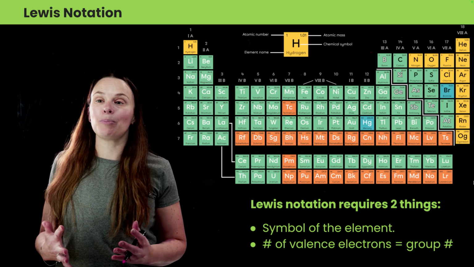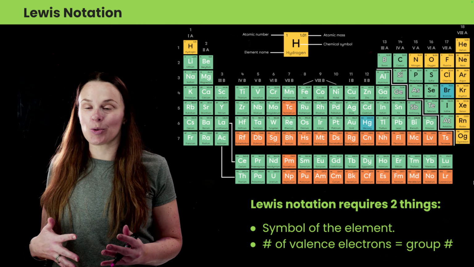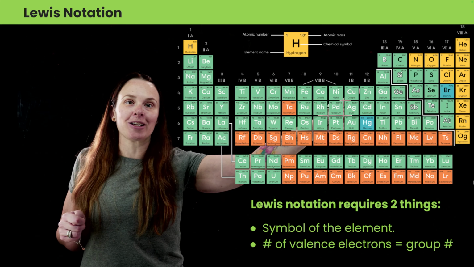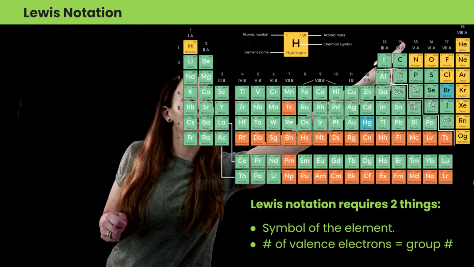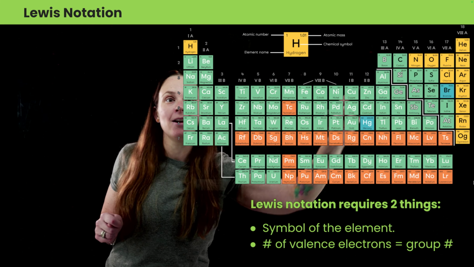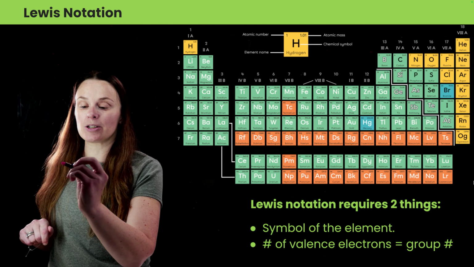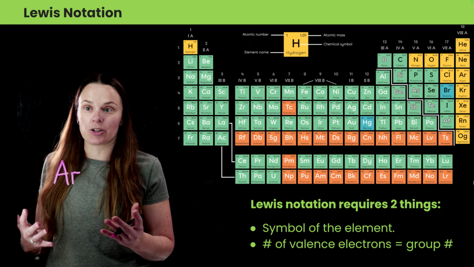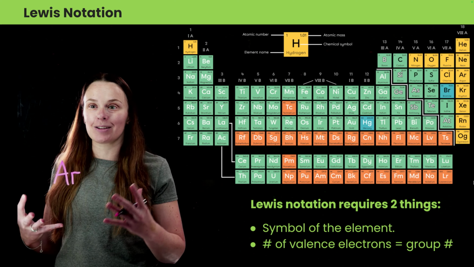And for our last example, let's choose argon. Now, argon is one of our noble gases. So remember, it's all the way at the other end of the periodic table. And if we look at the group, up at the top, it is 8A. The chemical symbol we always need to write is A in uppercase and r lowercase. So that's our chemical symbol. It has 8 valence electrons.